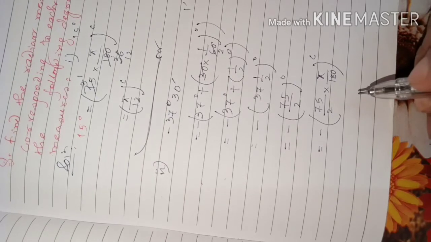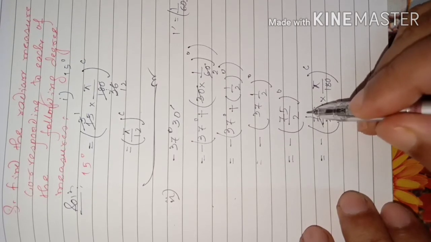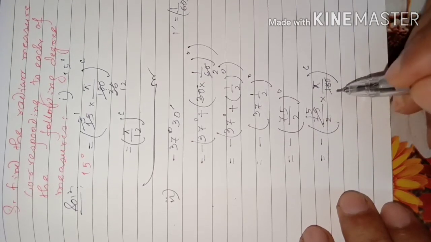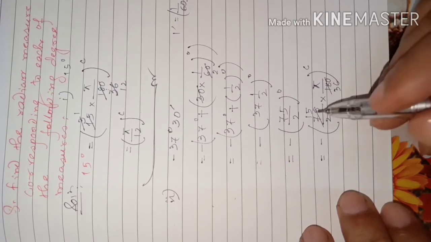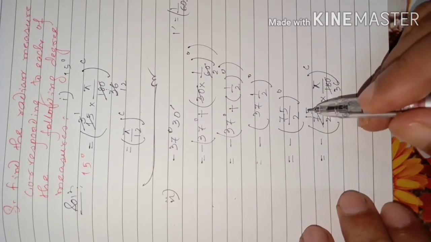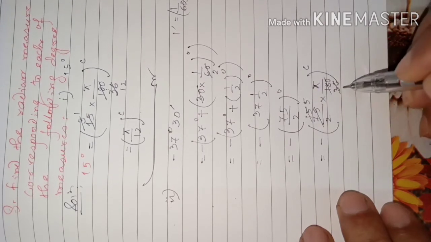After cancellation, by 5 we can cancel: 5 15s are 75, 5 30s are 180 by 5 is 36. By again 3 you can cancel: 3 5s are 15, 3 12s are 36.